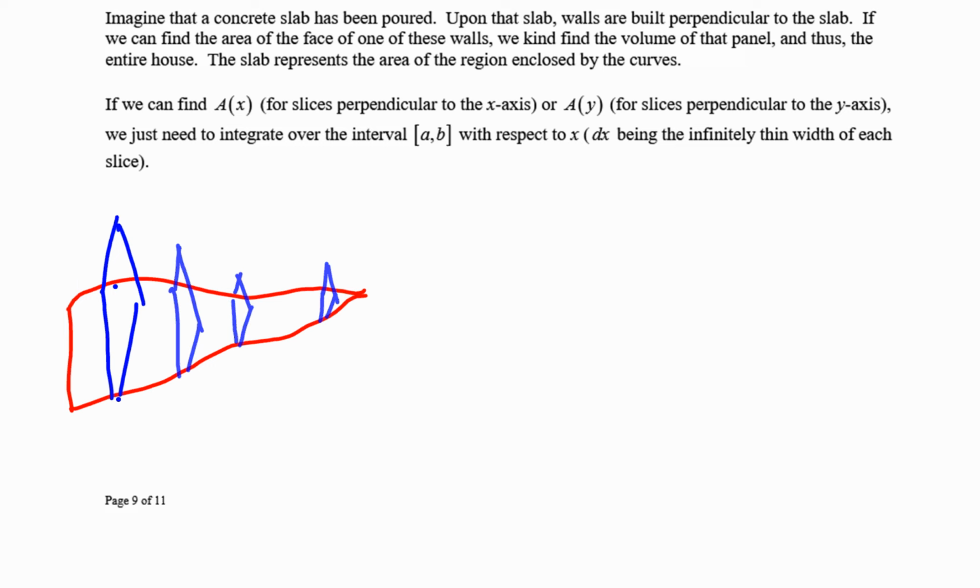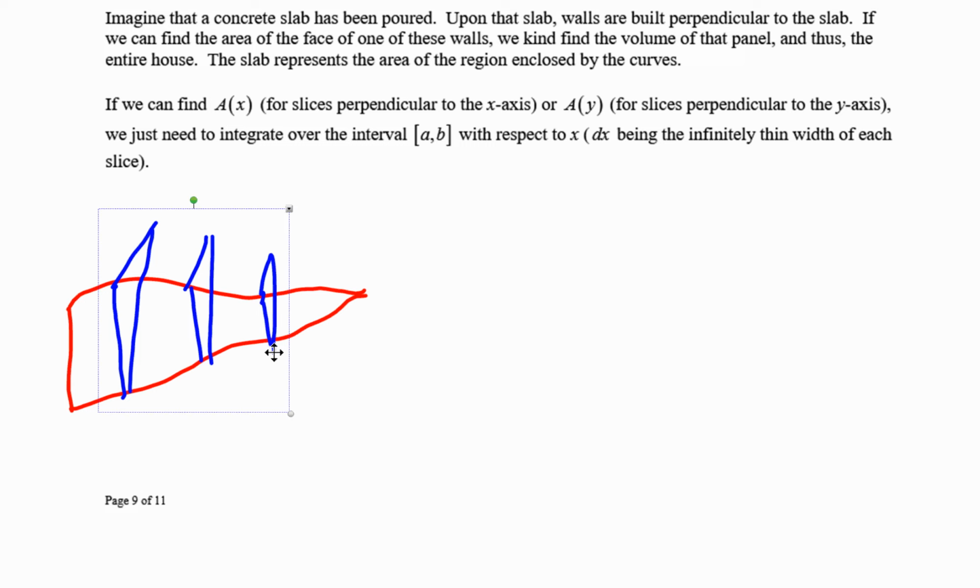But maybe instead of rectangles, we decided we wanted semicircle walls because it's exciting, right? So we'd put up little semicircle walls on top of this. Something like that. Or maybe we want triangular walls, right triangle walls, to be precise.